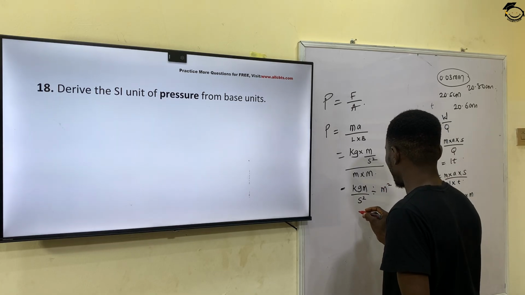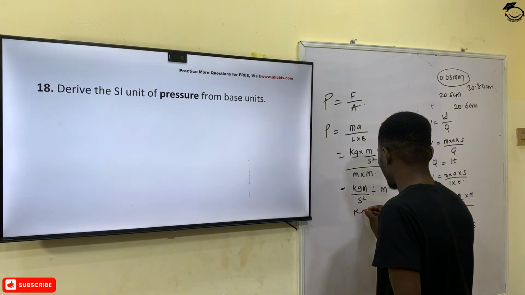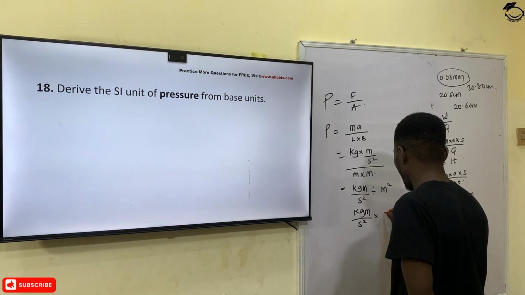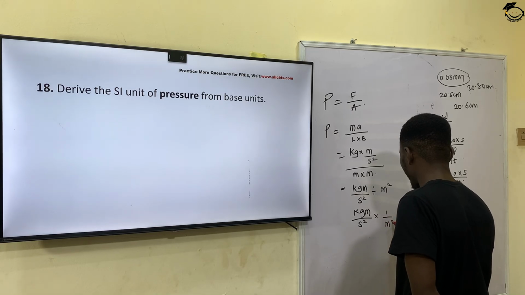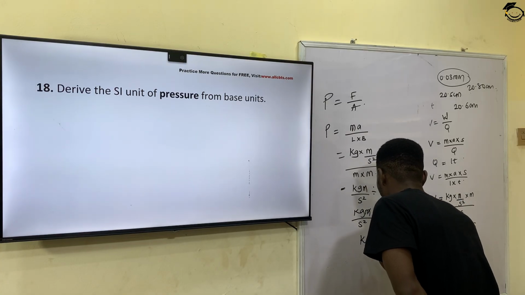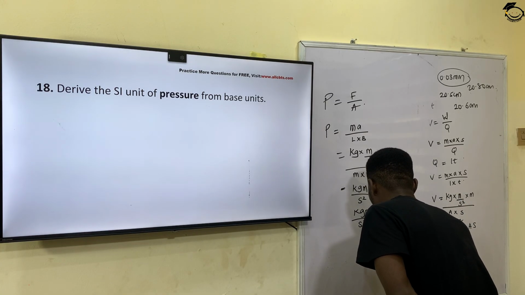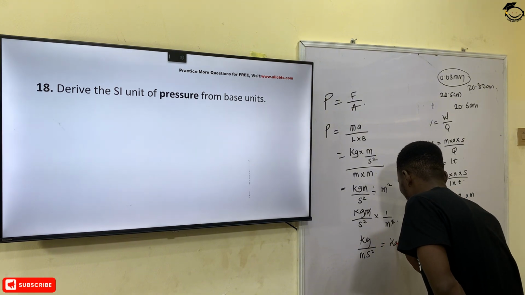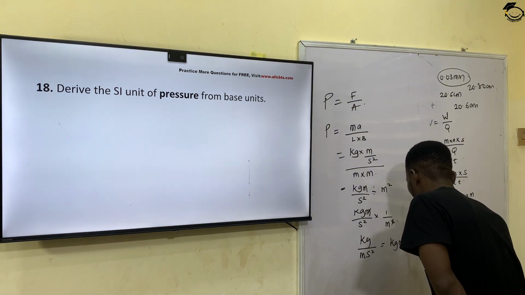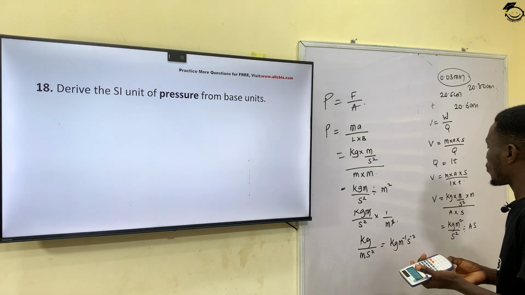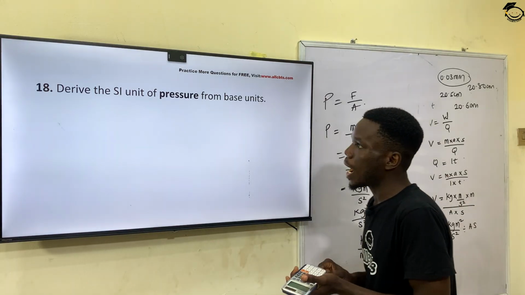This is the same as kilogram meter per second square times 1 over meters square. So this square here will remove the meters here, and I'll have kilogram per meter second square. So the unit of pressure will be kilogram per meter per second square.